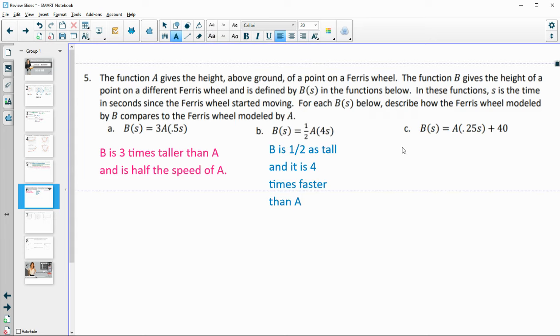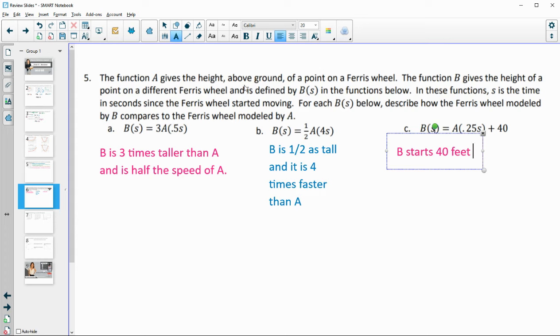Then part C, we get that B starts 40 feet higher. So it's not times taller, since that would be 1/2 times or 3 times. This says plus 40. So B starts 40 feet higher, or whatever the height is being measured in.